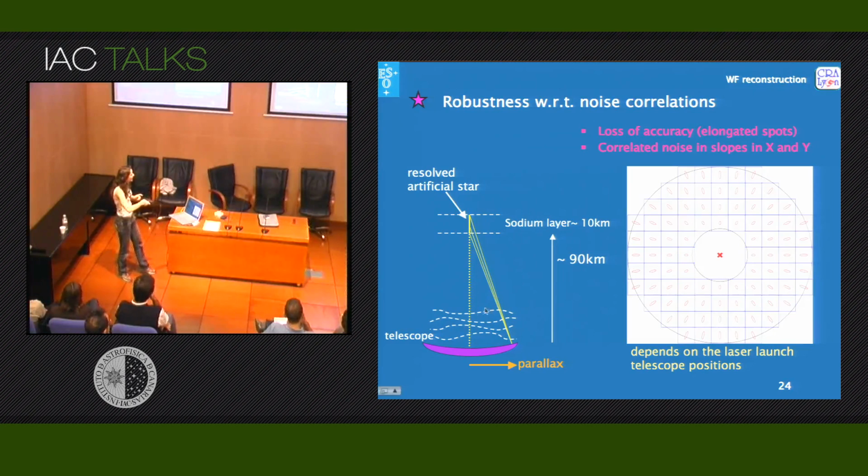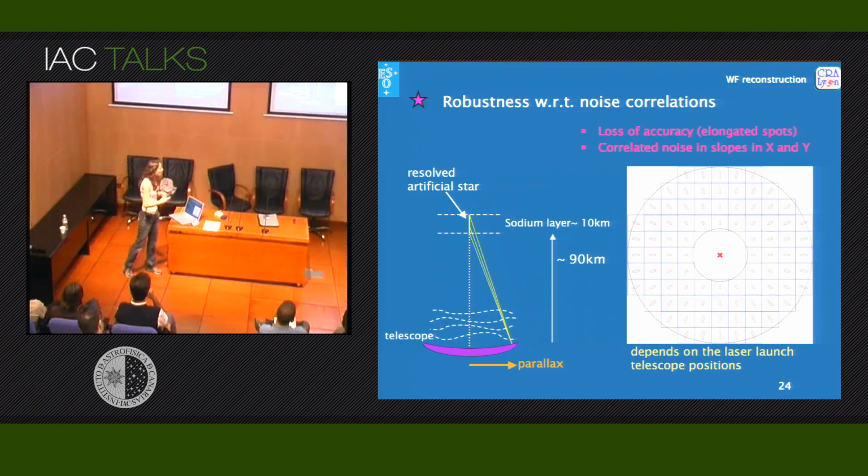And here it's illustrated for central launching, which is the case when the laser launch telescope is behind the secondary mirror of the telescope. And another case, which is studied for the E-ELT, is to launch the laser from the side of the telescope here.